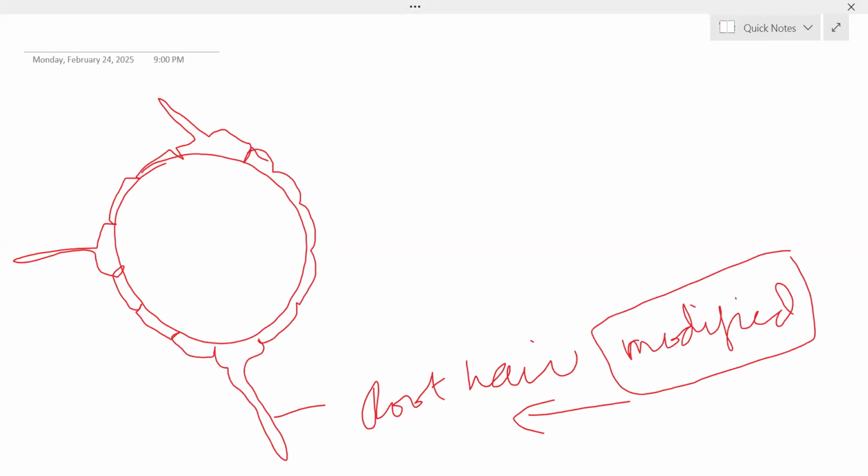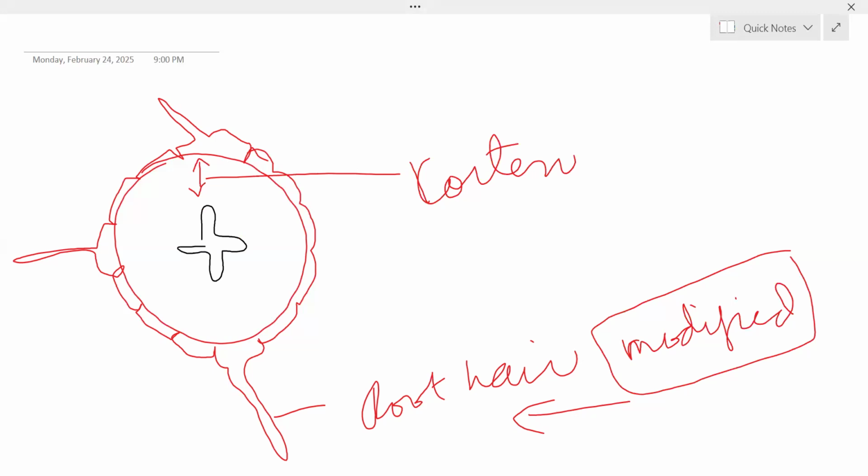When we talk about the epidermis, below the epidermis there is cortex. This area is the cortex, again food storing tissue. After cortex, we can see here vascular bundle. Vascular tissues are present.